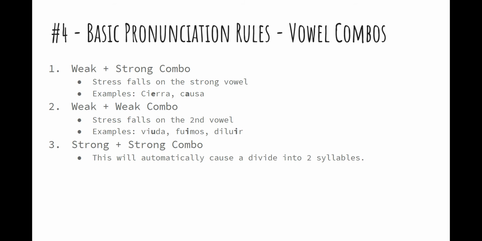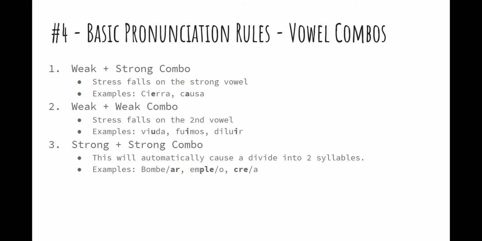Depends on the situation. But if you have two strong vowels right next to each other, there will be a division in the syllables, and that will help you determine which syllable then to put the stress on. So examples, bombear, the verb, strong vowel English E, strong vowel English A, split it, and then it ends with a consonant other than N or S, so therefore it goes on that last syllable, R.